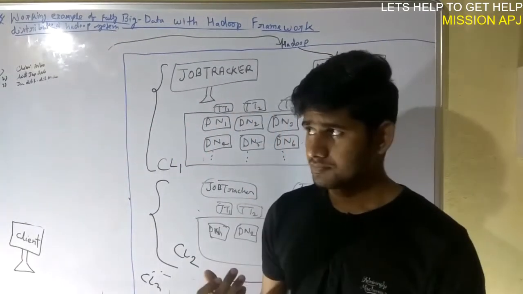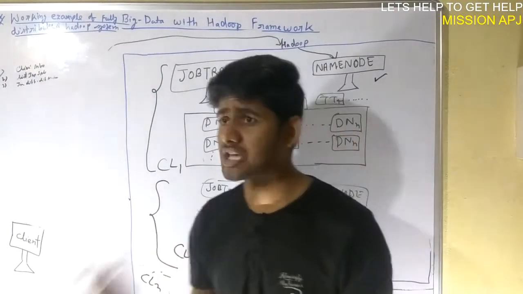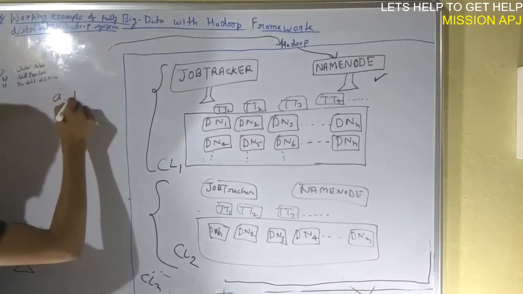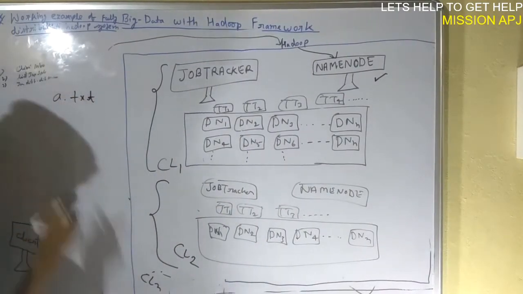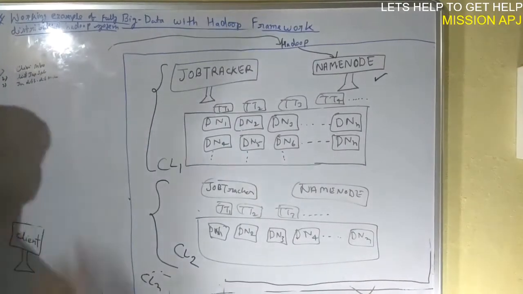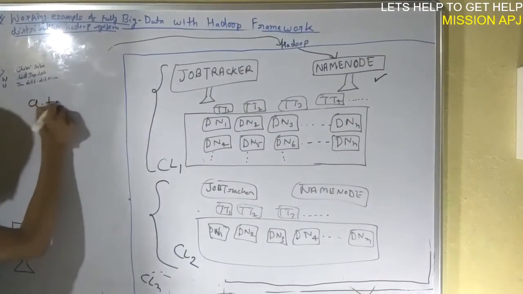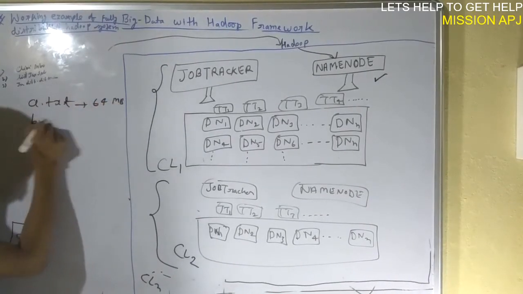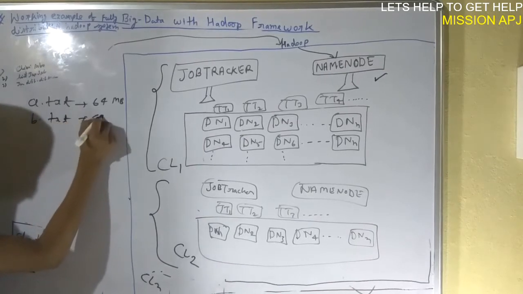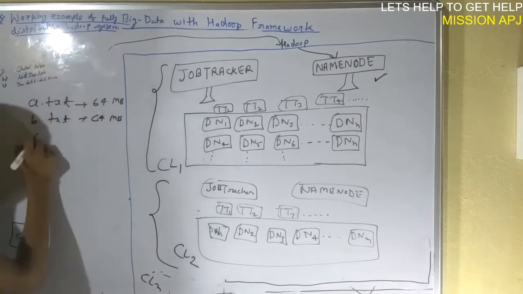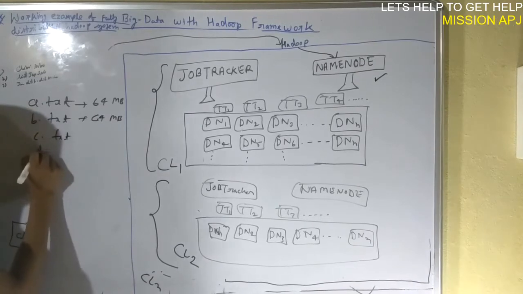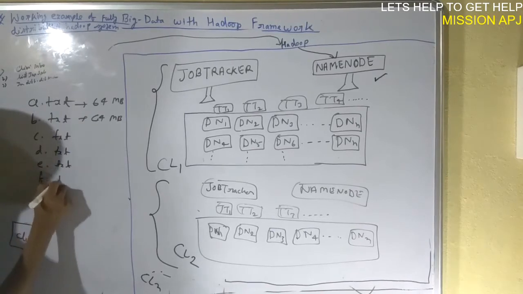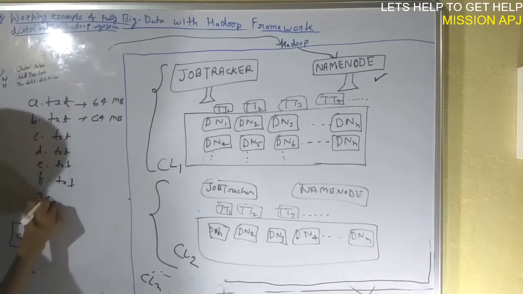So let us take that those 7 input splits are such that the first input split is a.txt of size 64 MB. Second is b.txt of size 64 MB. Third is c.txt, d.txt, e.txt, f.txt, and g.txt.